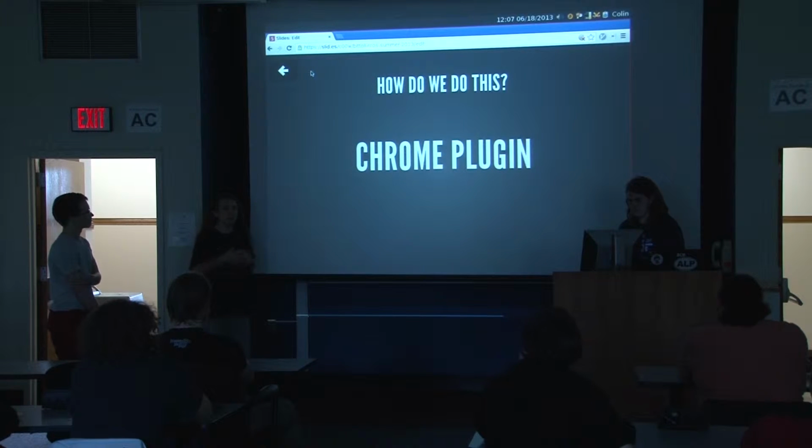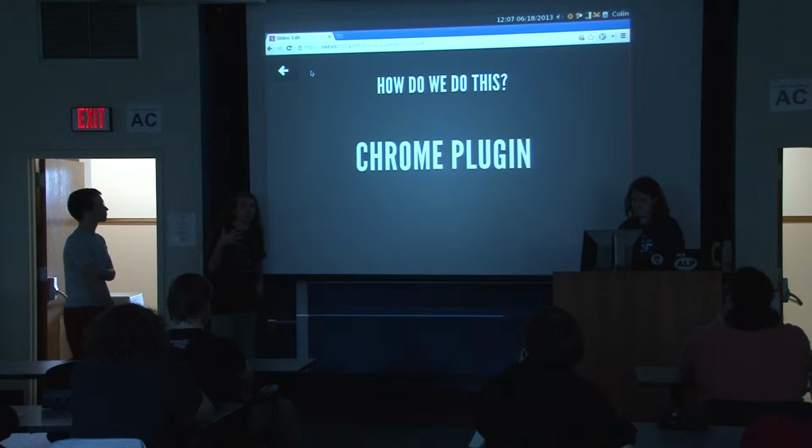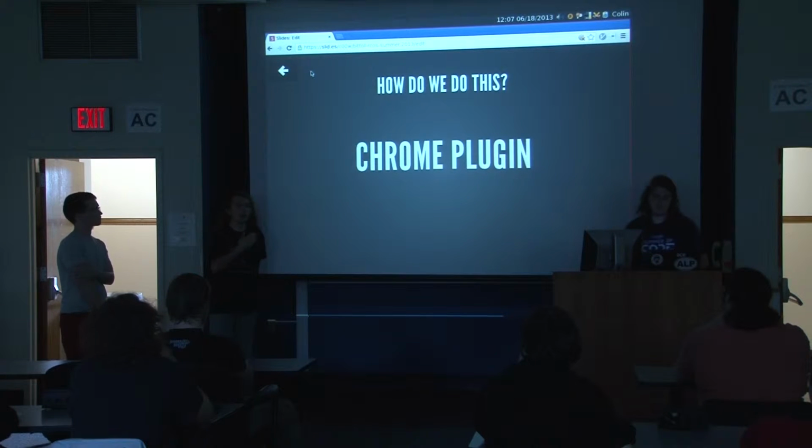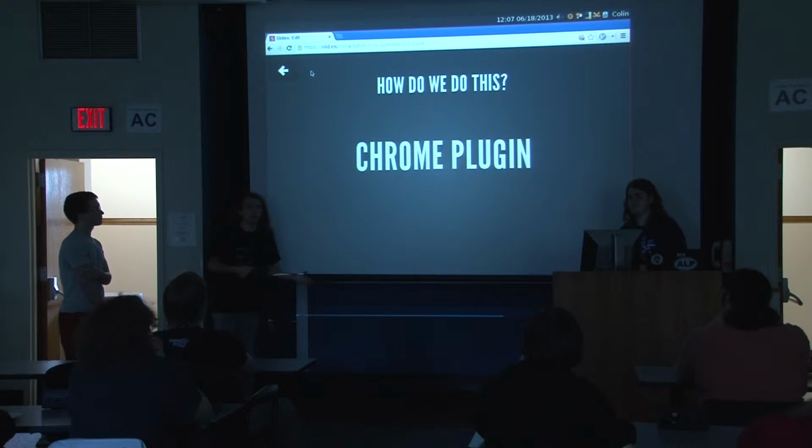Someone who gets this extension will be able to configure it so that when you visit a website that also has BitToll enabled, the plugin will see something in the header, and it will ask you, hey, do you want to pay a fraction of a cent every time you visit this website? And you can say yes, no, and so on.